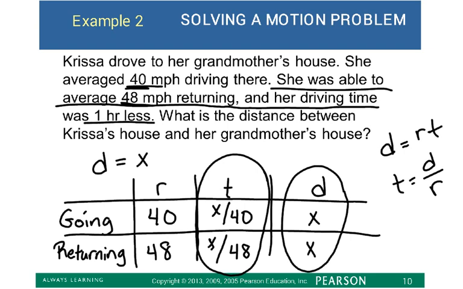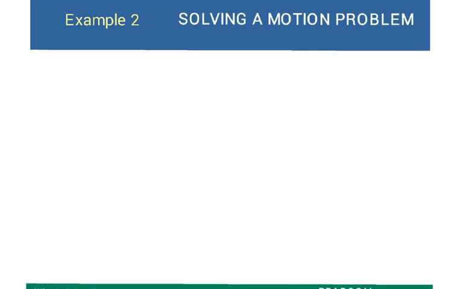So how we're going to set this equation up is just like this: our time going there is 1 hour less, and that is equal to our time returning.